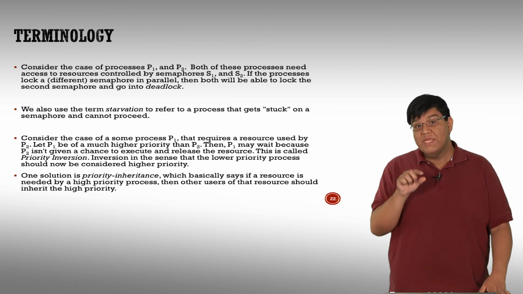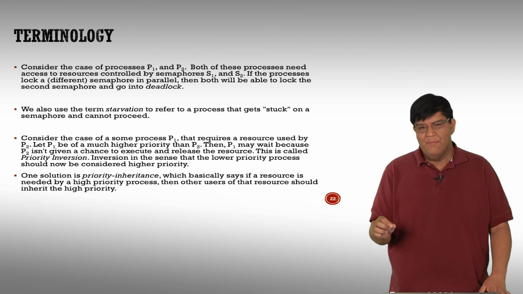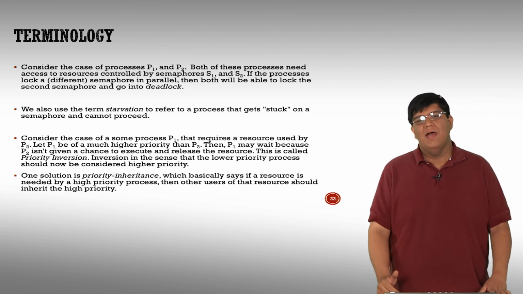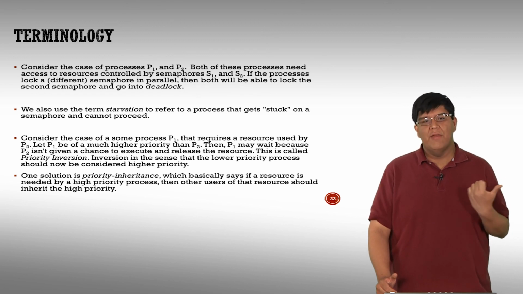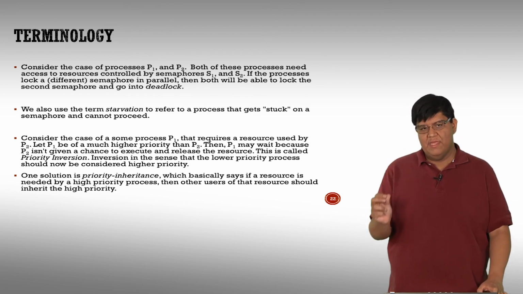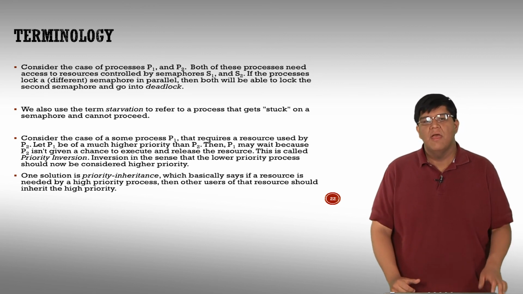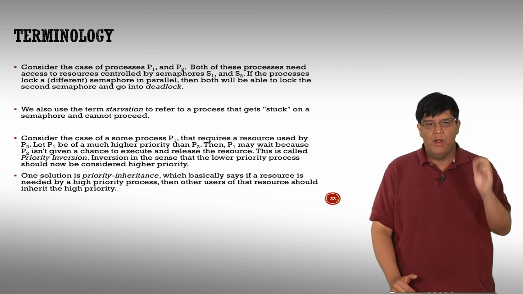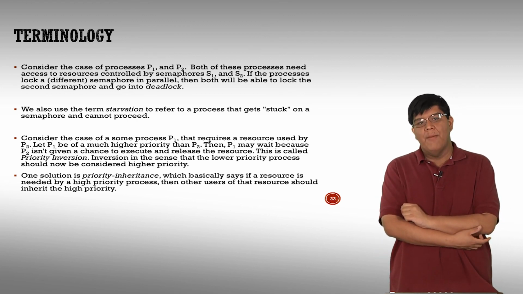But hey, P2, my second thread, my one with high priority, also needs resource type A. But there's no way for it to get resource type A until P1 completes, because P1 is the one holding that resource that the high priority process needs. This is a problem. This is what we call priority inversion, because all of a sudden that P1, which normally was low priority, right now is blocking a high priority process by holding onto that resource.